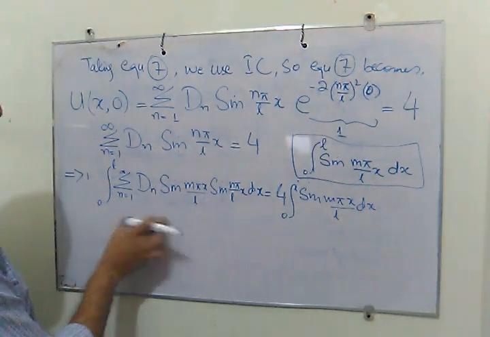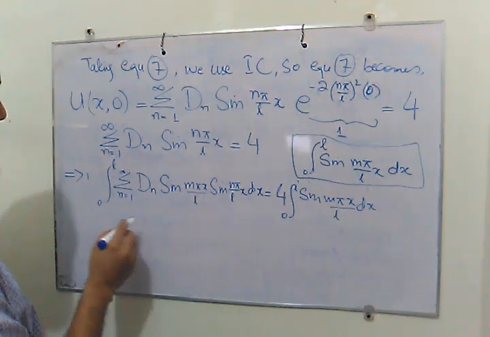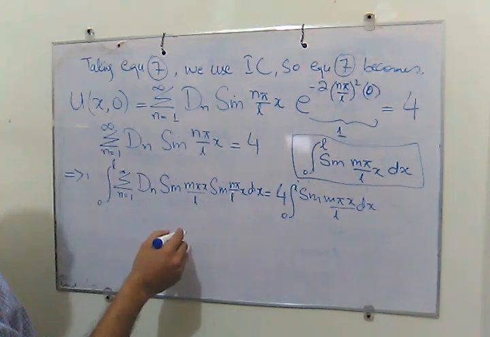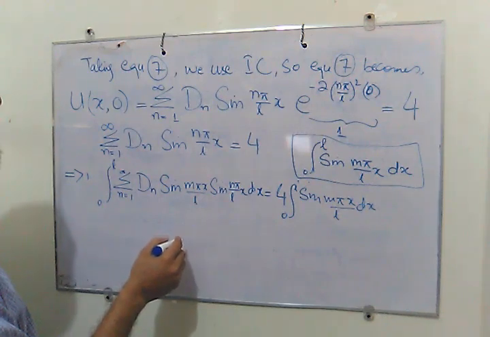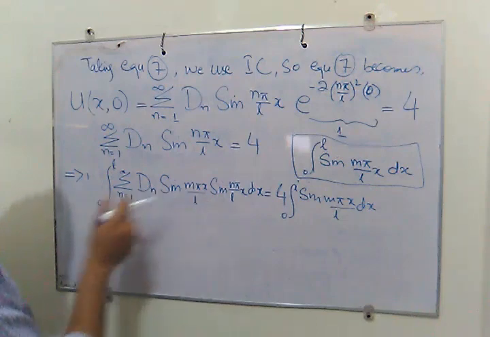Now when we open this integral, we know that this integral would be equal to 0 if m is not equal to n, and will be equal to L by 2 when m is equal to n.